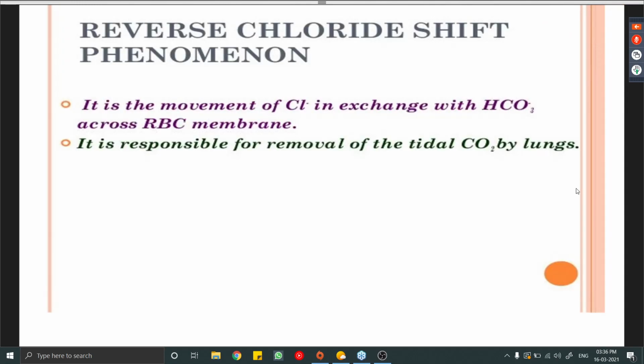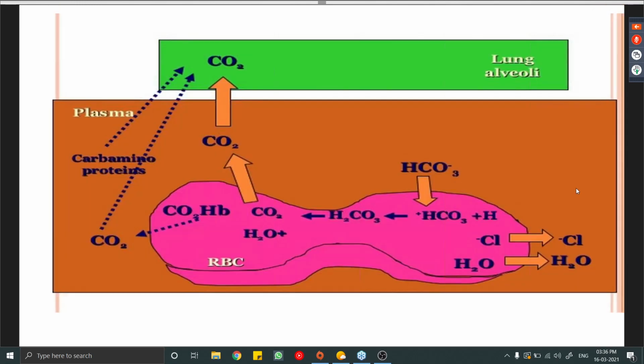So this happens at the tissue level, whereas the opposite happens in the lung alveoli. Here the carbon dioxide partial pressure is less. So the bicarbonate again comes back to RBCs from plasma. Chloride shifts out. This is reverse chloride shift.